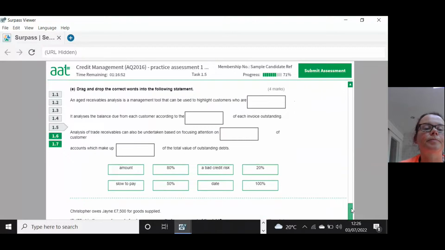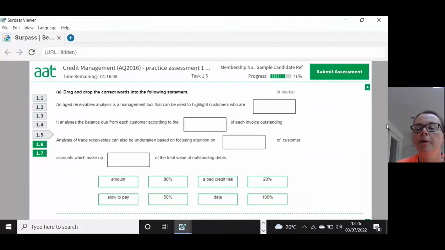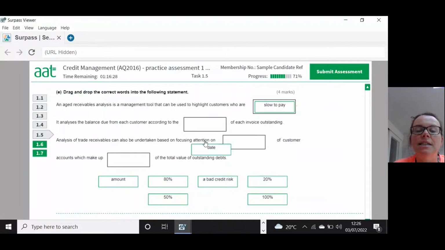Drag and drop. An aged receivables, did I put that back to, yeah, there we go. An aged receivables analysis is a management tool that can be used to highlight customers who are slow to pay. It analyzes the balance due from each customer according to the age or the date of each invoice outstanding.